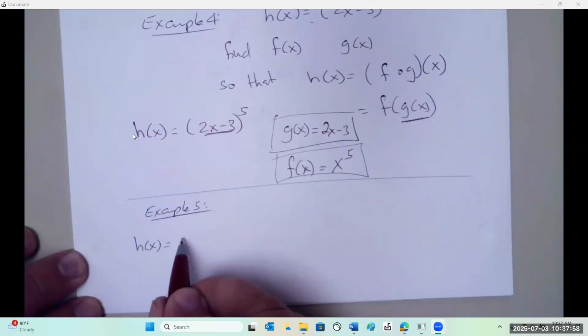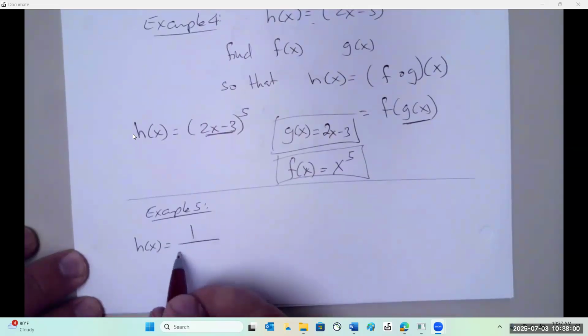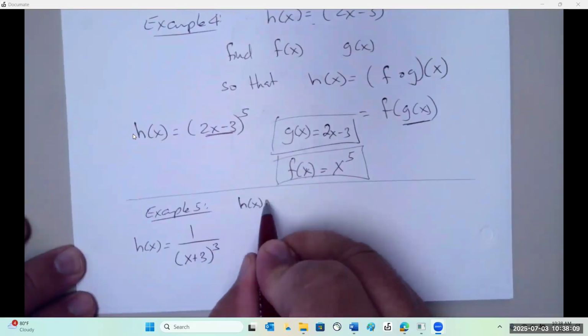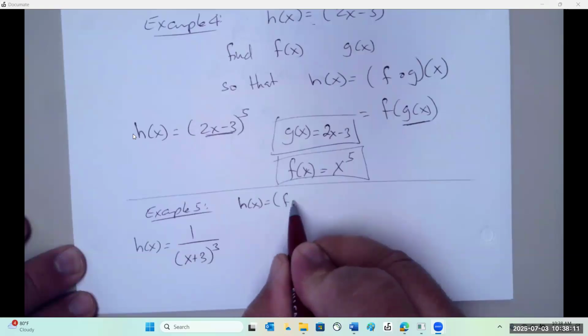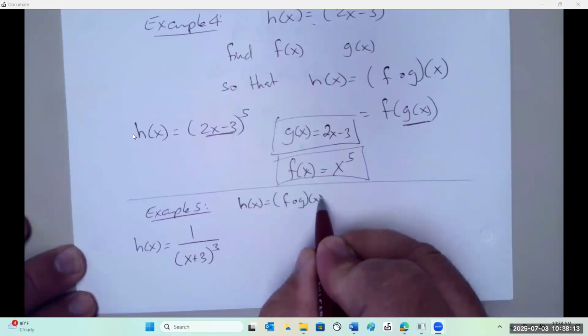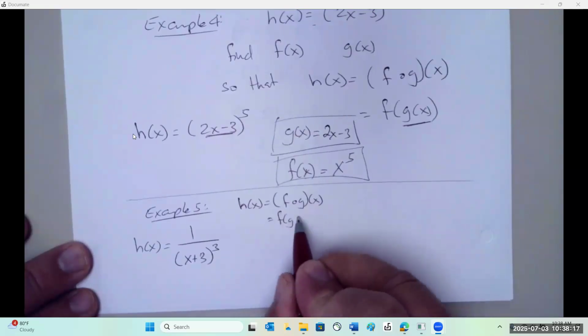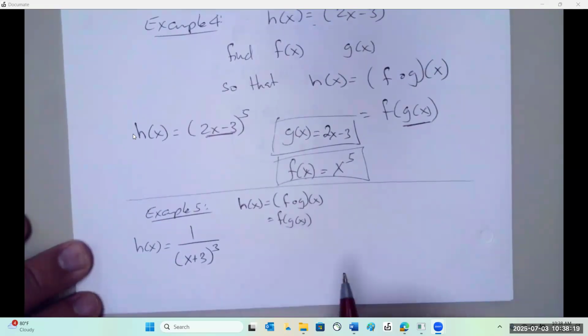h of x is equal to 1 over (x plus 3) cubed, where h of x is equal to f of g, which means f of g of x.